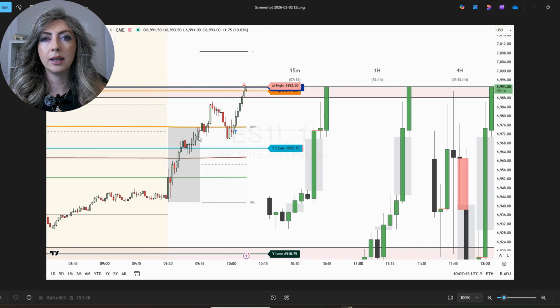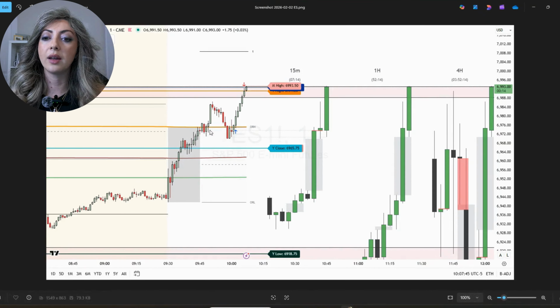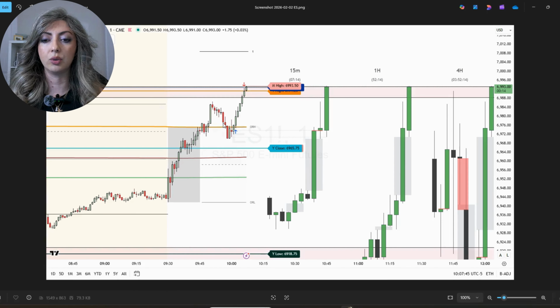As you can see here on the 15-minute time frame, we had such a strong movement to the upside. Because we had 9:45 news coming, I had to wait. And then we had the 10 a.m. candle, again news coming, so I had to wait until the 10 a.m. candle also closed, so I can decide what I'm gonna do, if the market is gonna reverse or if it's gonna keep going up.